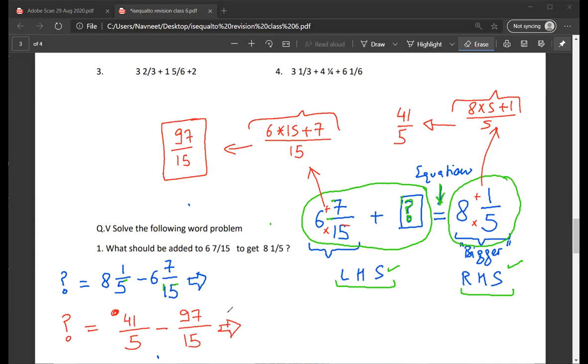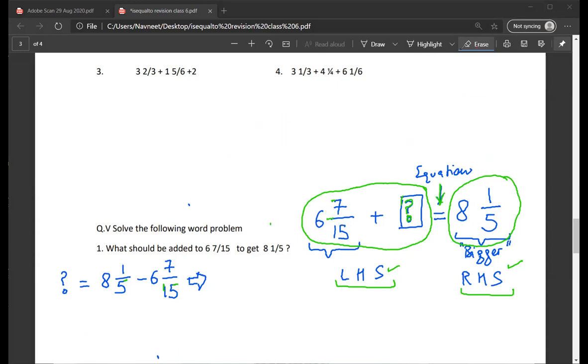So 97 by 15 will be before 41 by 5, right? Is there a doubt? No, sir. Satya, do you have a doubt? No, sir.